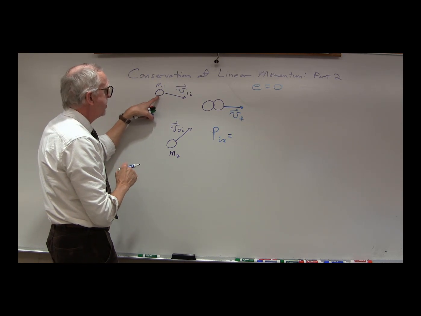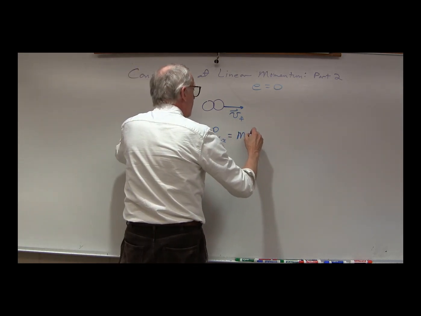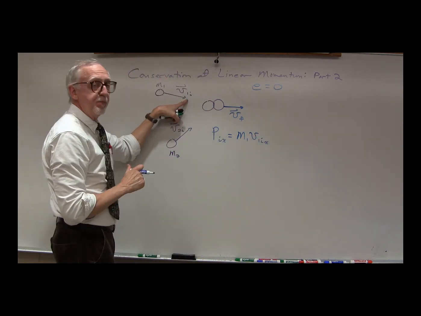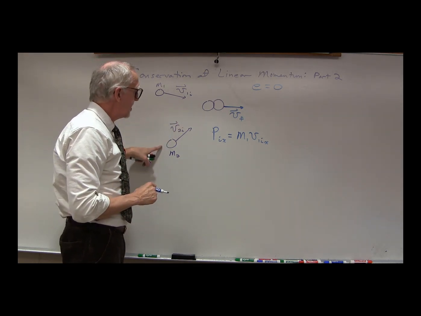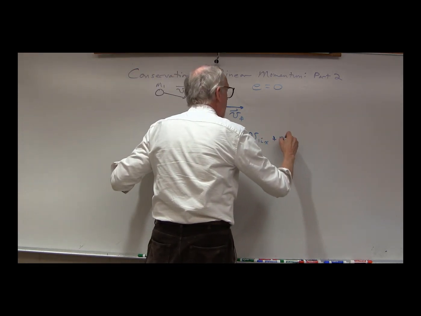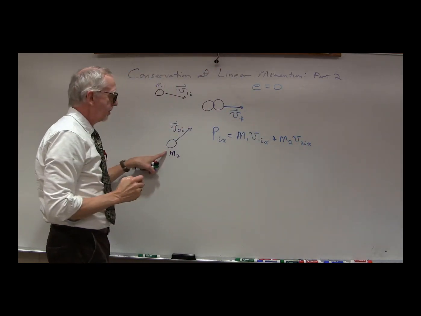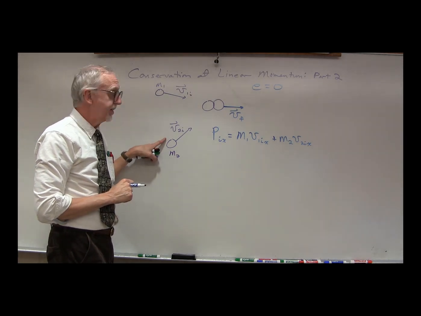The total momentum is m1 v1 initial. The x component will be m1 v1 initial x, the x component of the initial velocity v1 initial, and then plus m2 v2 initial x. That'll be the x component of the initial momentum for mass 2.